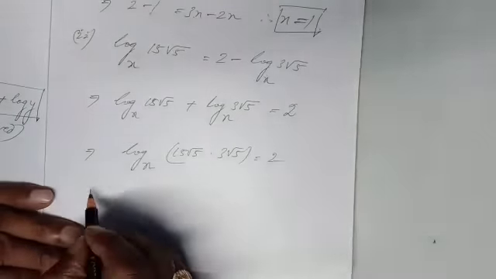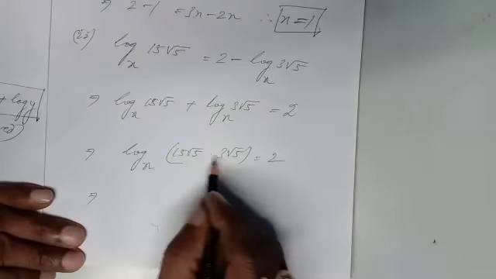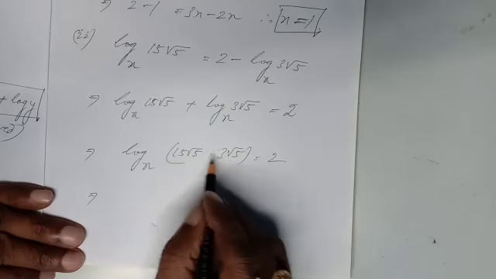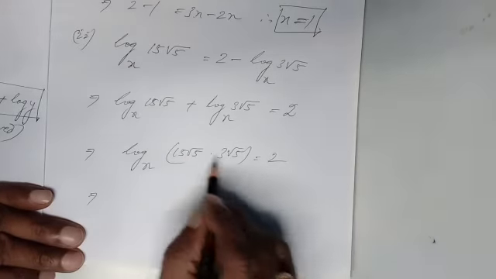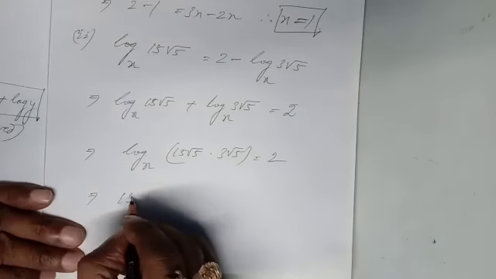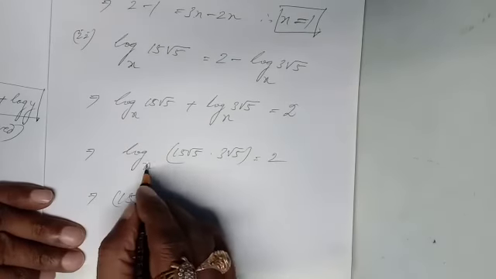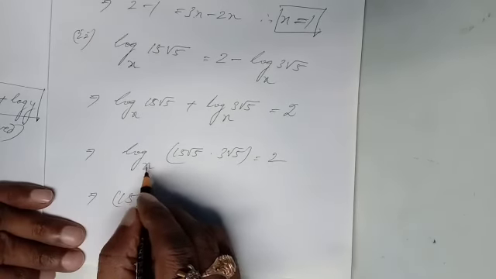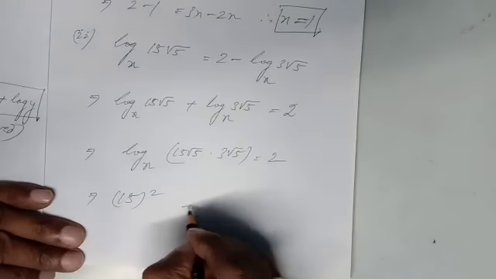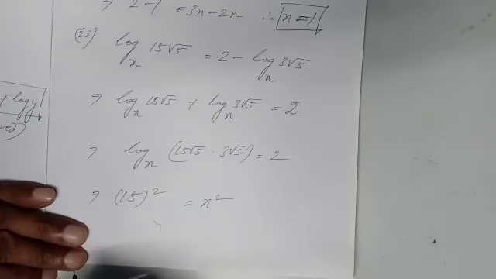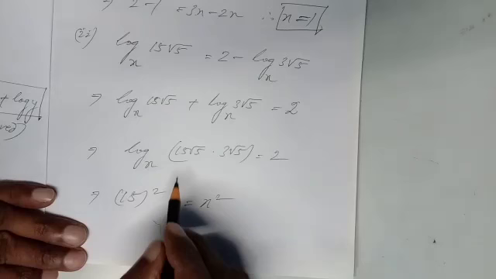Now, this is coming how much? 15, and this is also root 5 into root 5, 5 into 3, 15. 15 into 15, that means 15 whole square. I am converting to exponent form. Logarithm form given, I am writing exponent form. This will be x to the power 2, means x square. Okay, I hope you are able to understand.